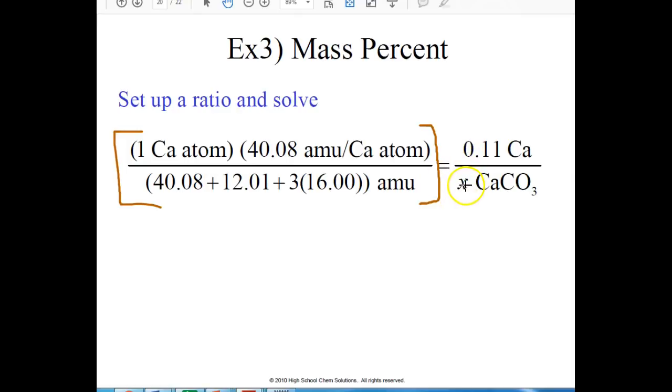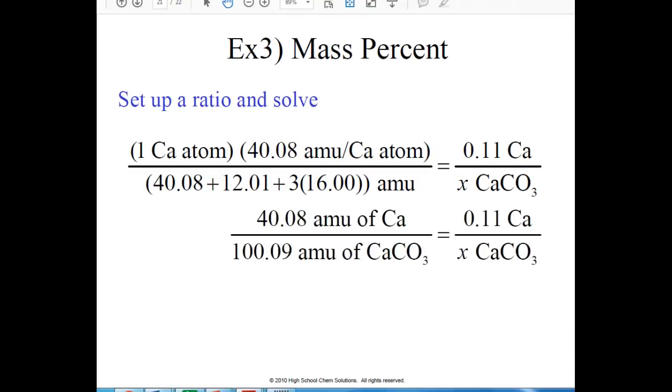We don't know that. That's our x. All right? So whenever you do ratios, you need to have the same thing on the top on both sides and the same thing on the bottom. Not the same number, but the same concept. So on the top we have calcium. Calcium from the periodic table, calcium from our percentages. On the bottom, the whole thing from the periodic table, the whole thing from our percentages. And this is my unknown.